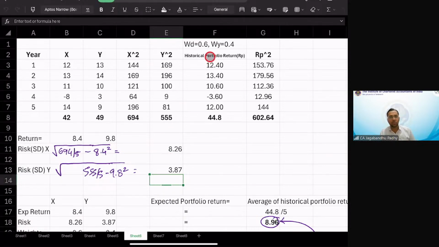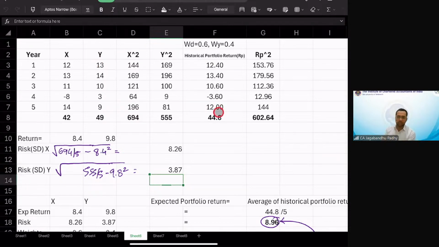So we created a portfolio with 60% weightage to X and 40% weightage to Y, and we computed the historical portfolio returns by simply taking 60% of X and 40% of Y.